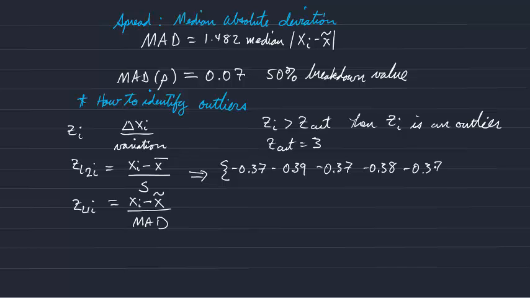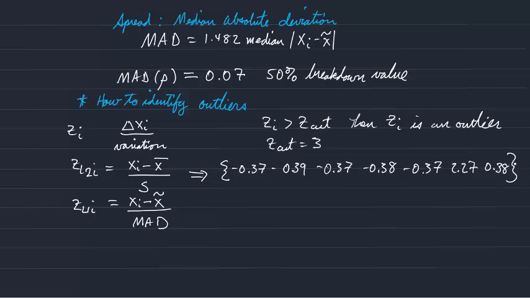So we're right around a third of the standard deviation, except for this one value. The 23 value is over 2 times the standard deviation away from the mean.